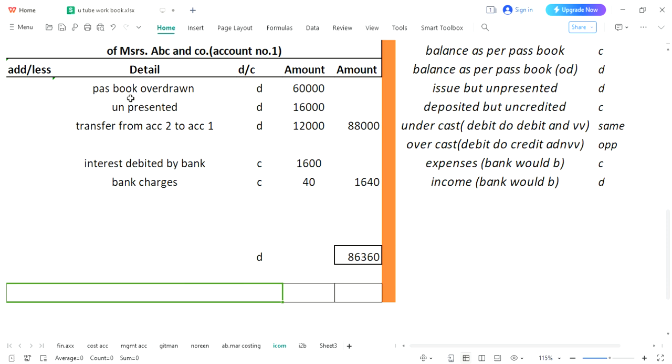You started your question with passbook, and now opposite to this you will write cashbook, and opposite to this, the sign debit was chosen, but now it would be credit, and the same answer would be written over here. In this way our question is absolutely completed, but again, last step, here you will write add and then less.